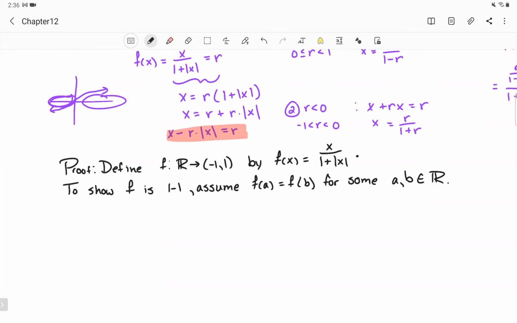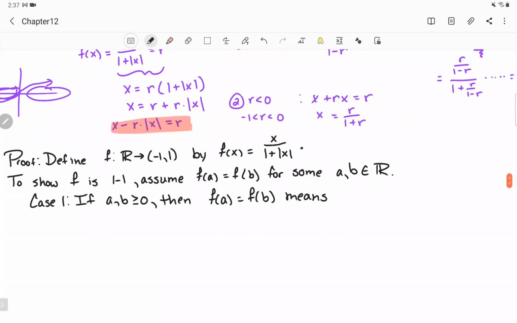All right. Case 1. If a and b are greater than or equal to 0, then f of a equals f of b means a over 1 plus a equals b over 1 plus b.